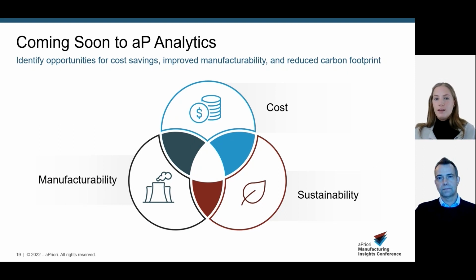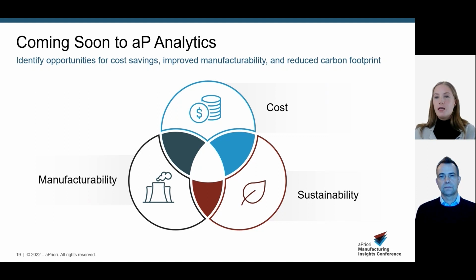So now I'm going to talk a little bit about what is coming soon to AP Analytics. So today we've talked about cost and manufacturability. Those are key pillars to aPriori component analysis.